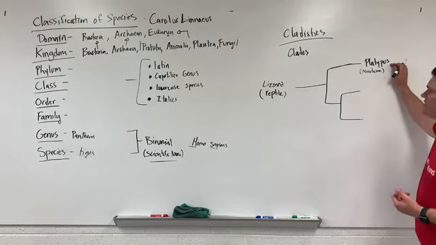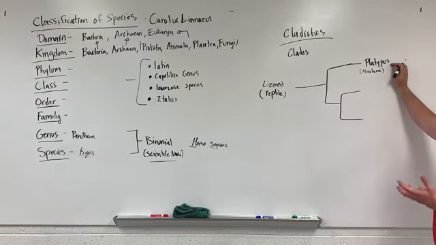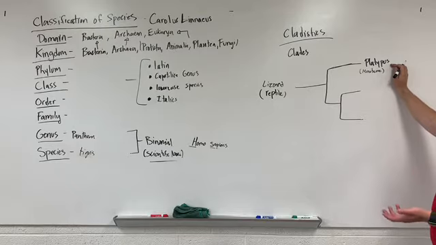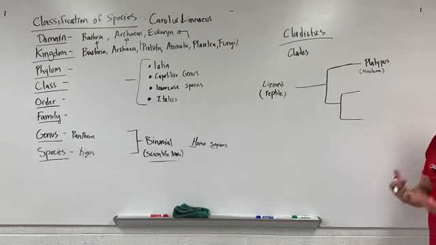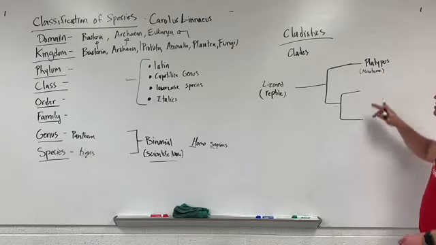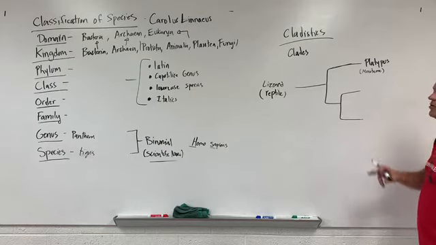And so platypus, they have hair, as you've probably seen. The duck-billed platypus is what they call it. And it also has mammary glands to feed its young milk. All right, so a platypus is still a mammal. It's just a specific type of mammal called a monotreme.